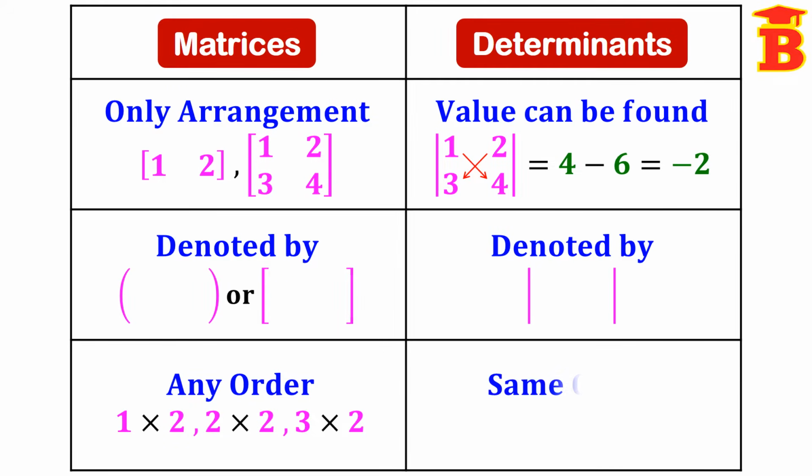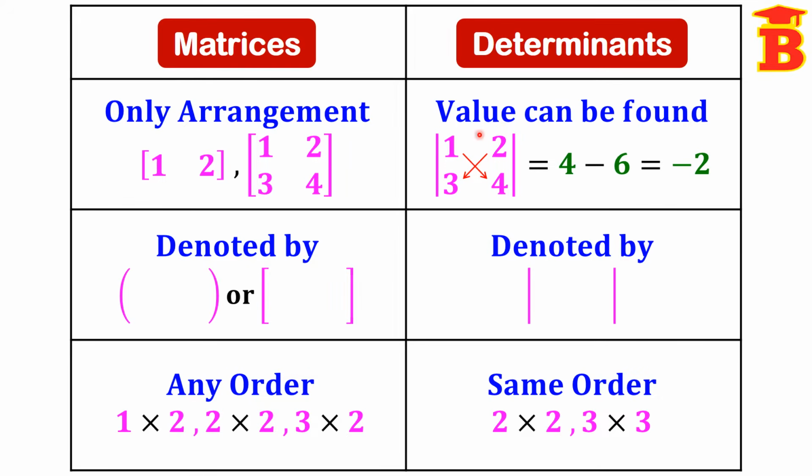But in determinant, we must have the same order. That means the number of rows and columns should be equal. So we must have either 2 by 2 or 3 by 3. We can have 4 by 4 also. So if we have 2 rows, then there must be 2 columns.